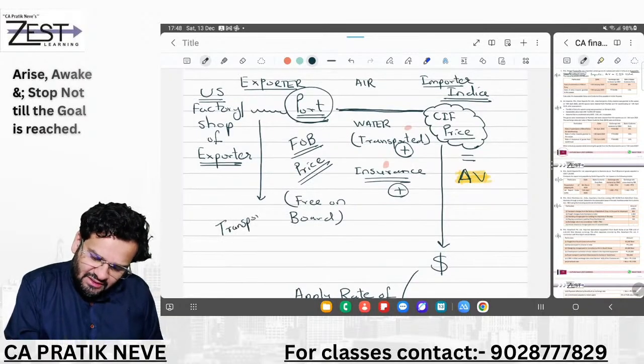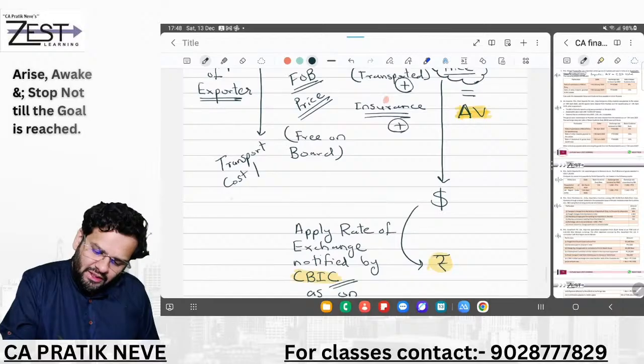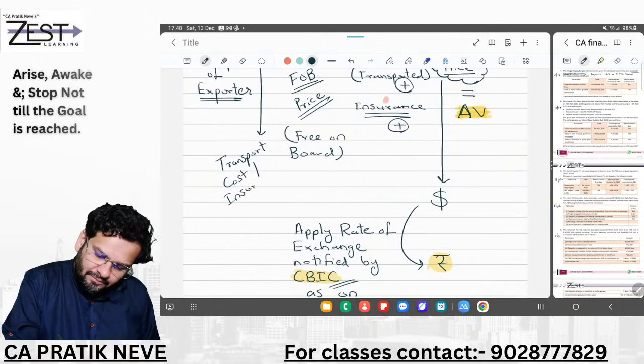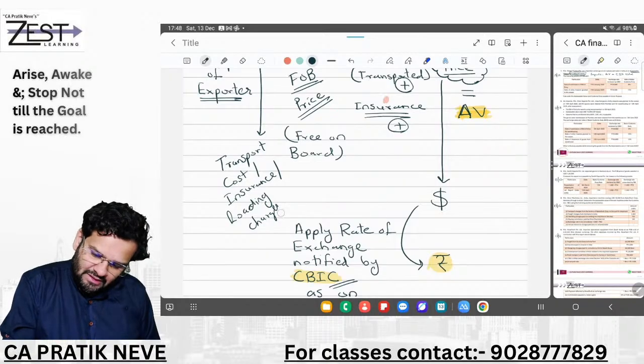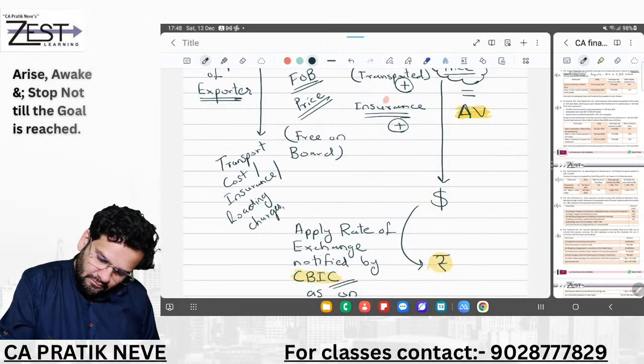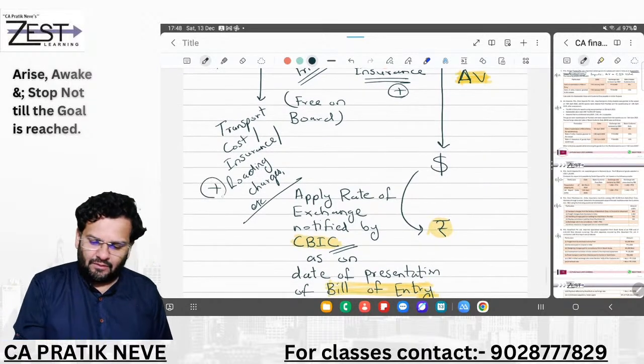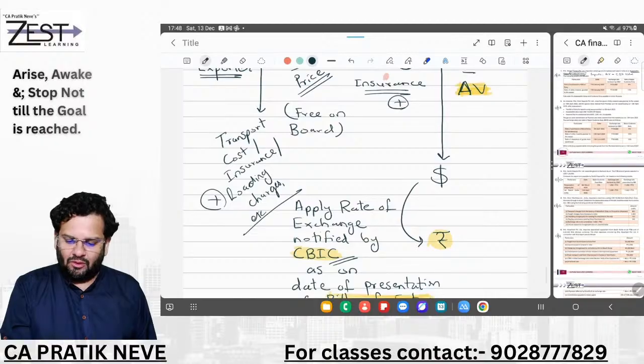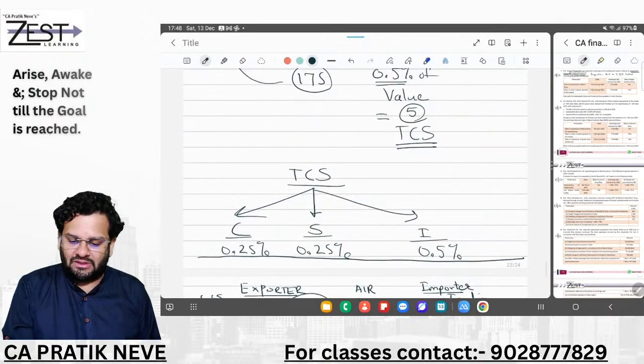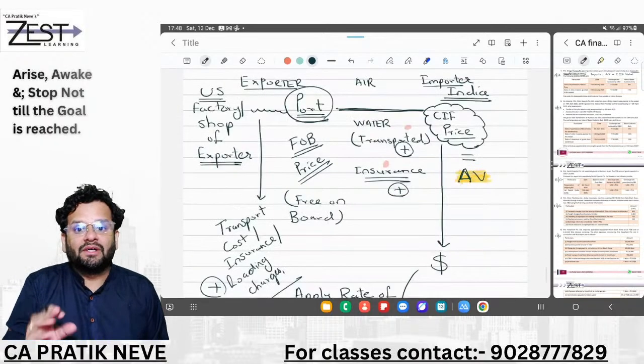So if there is any transport cost or any insurance or any loading charges, they also should be added. Clear? It could be anything. They also should be added to FOB. Okay, so this is about your value of imports.